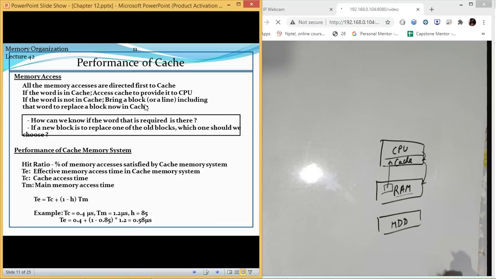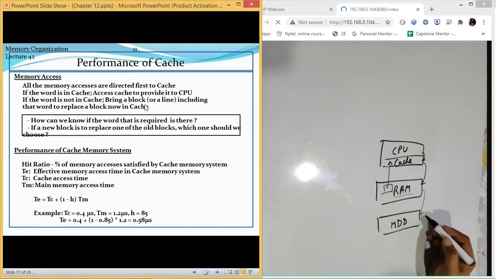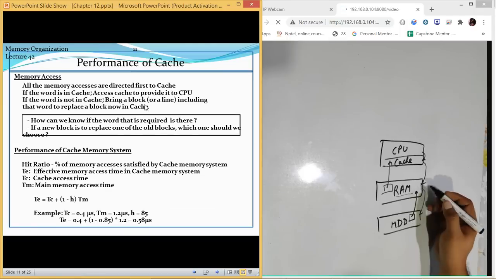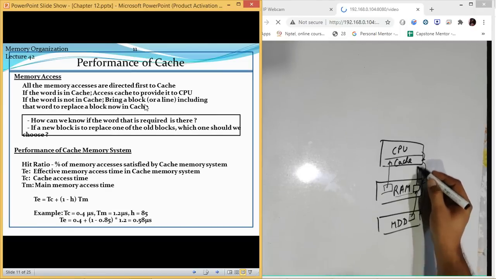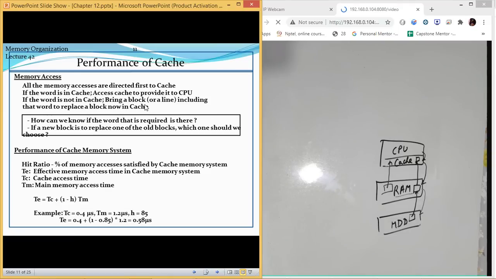The similar thing will happen with the hard disk drive. If data is not available in RAM, the hard disk drive will be accessed, and the data from the hard disk drive will shift to RAM. From RAM, it will shift to the cache, and then the CPU will use it. So this is how the data is accessed.